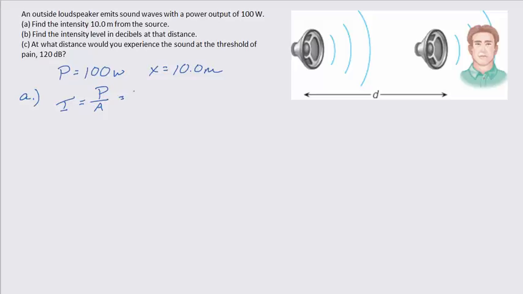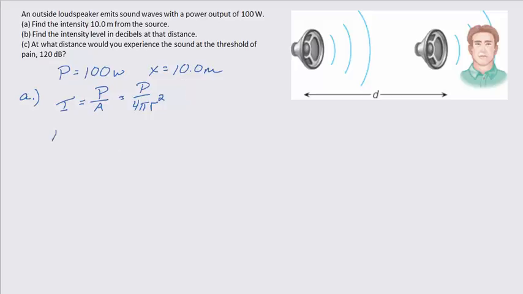And so we know that the surface area of a sphere is 4 pi multiplied by a radius squared. So given that our displacement from the source is 10 meters, our radius will be 10 meters.